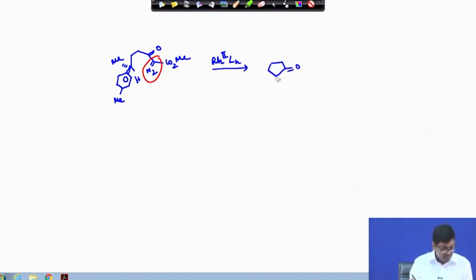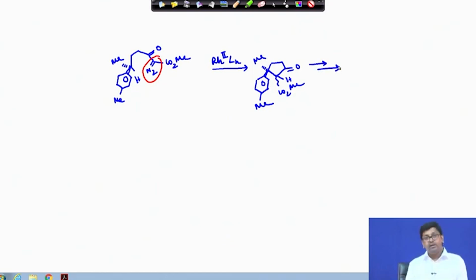And these can be converted into a natural product in further steps.